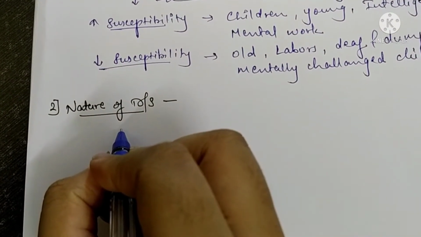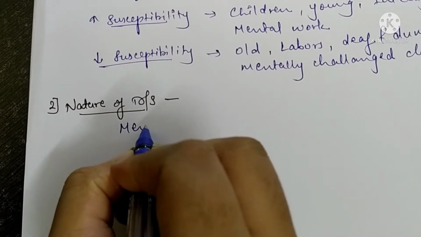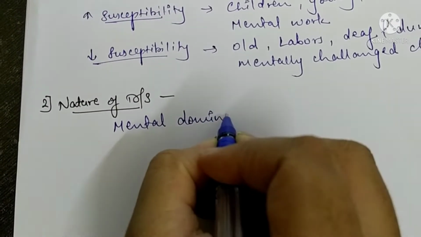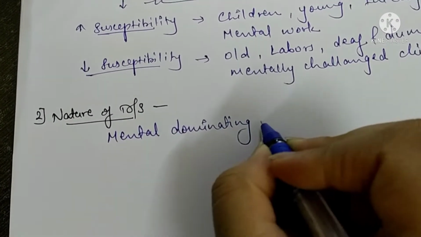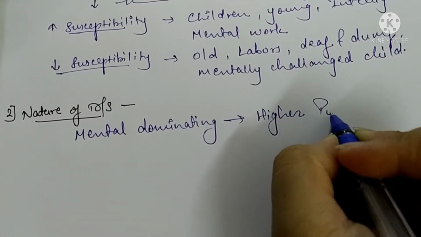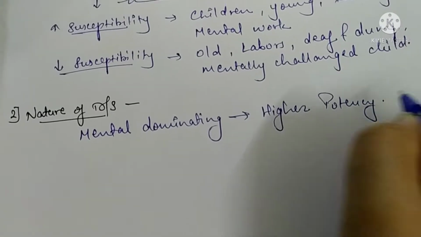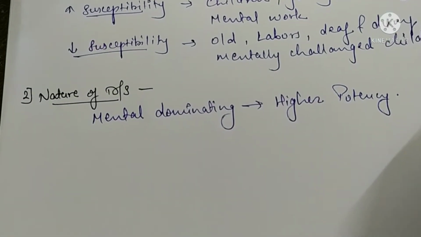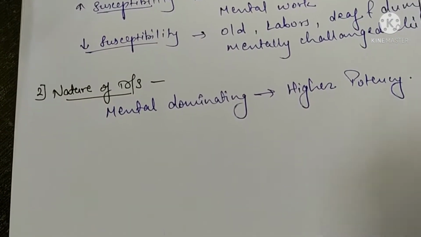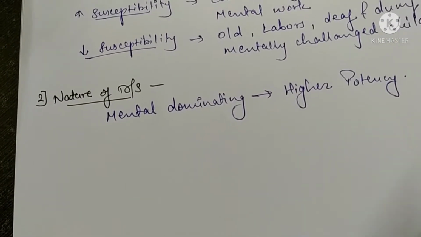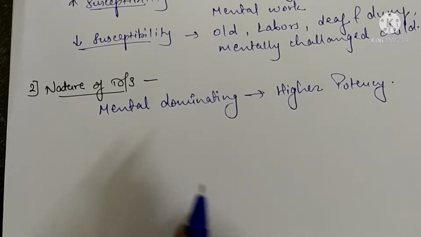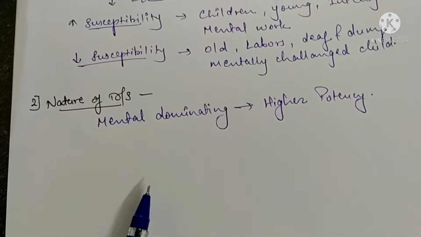If the person has more mental symptoms, or mental symptoms are very dominating in the case, then you will give the highest potency. But only after perfect case taking can you say that; you can't just say that there are 10 mental symptoms and 2 or 3 or 4 physical or general symptoms, so you will give a high potency. No, you have to look according to the case.